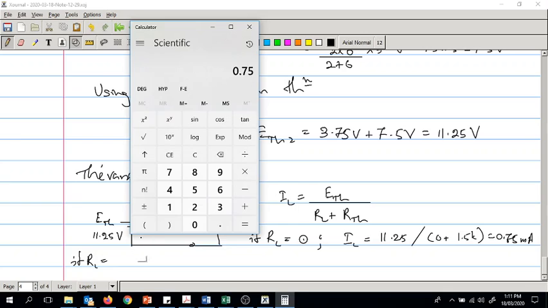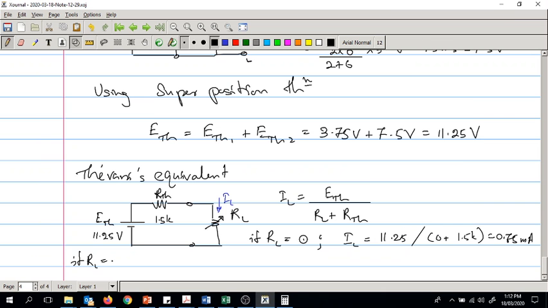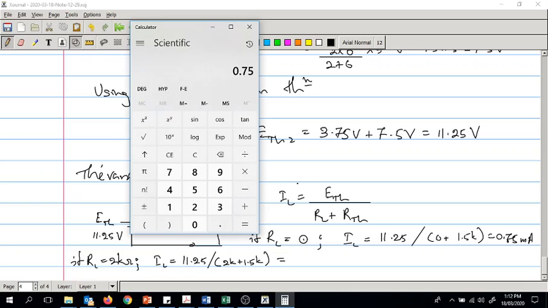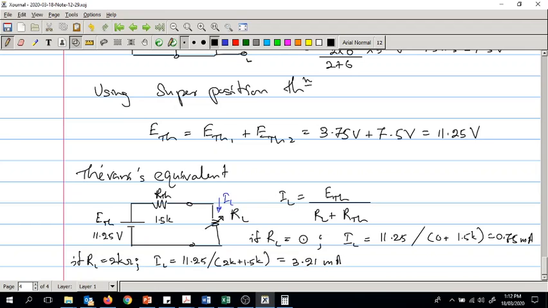Now if RL equals what you have here in the second case, 2K, 2 kilo ohms, then IL is equal to 11.25 divided by 2K plus 1.5K, which is 11.25 divided by 3.5, that is 3.21 milliamperes.